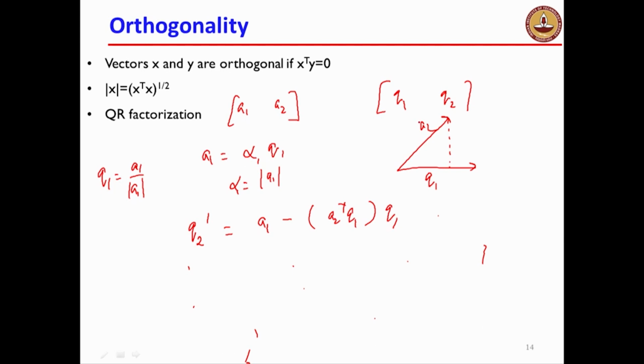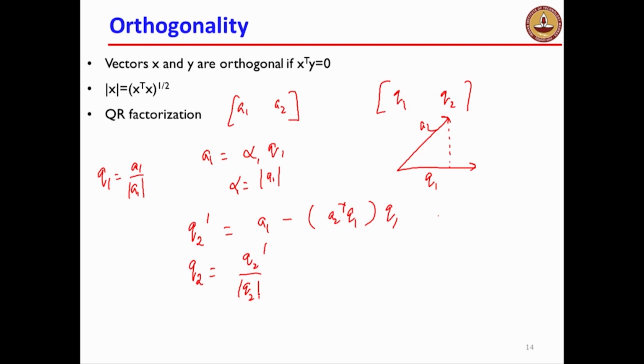A2 transpose Q1 is the cos of the angle between A2 and Q1. Subtracting that component from A2, I get Q2 prime. Now I want a vector of length 1 along Q2, so I just take Q2 prime divided by the length of Q2 prime.